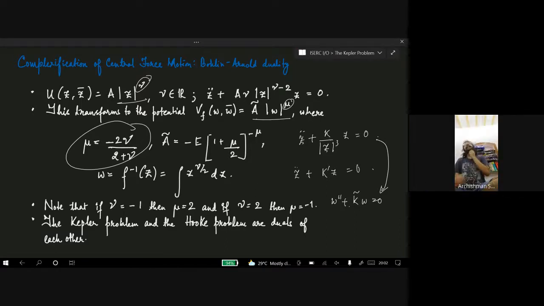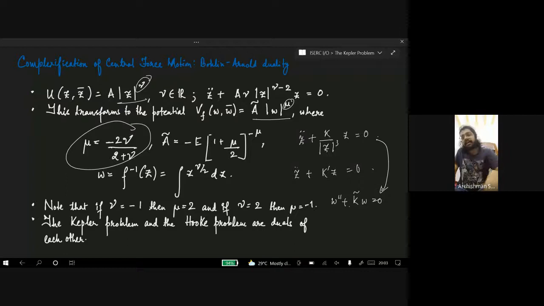Yeah, I mean, the mapping of conserved quantities is specific to the harmonic oscillator and the Kepler problem. But the duality holds for any kind of central force motion or any kind of power law potential. Does that make sense? Yeah, makes sense.